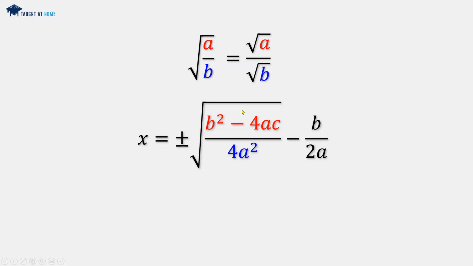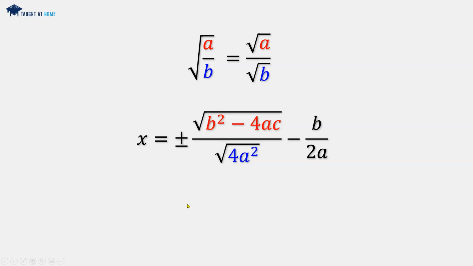And so we could represent this as a fraction of two square roots. We've got the square root of b squared minus 4ac over the square root of 4a squared. And the reason we do this is because the square root of 4a squared is 2a.